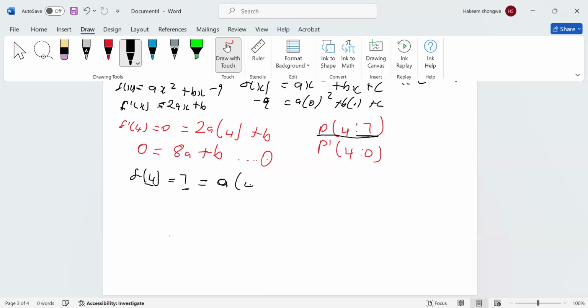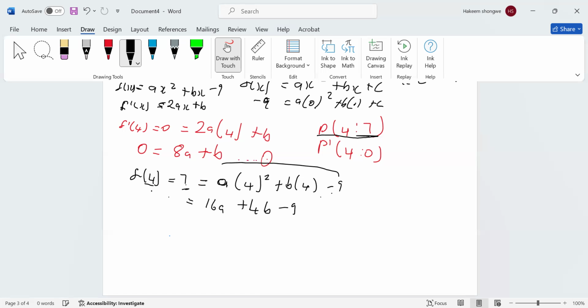Then 4 squared times a plus b times 4 minus 7 minus 9. So here 4 squared is 16, so this is 16a plus 4b.